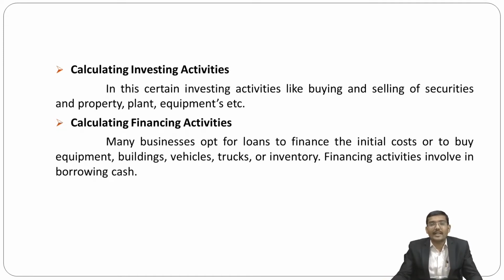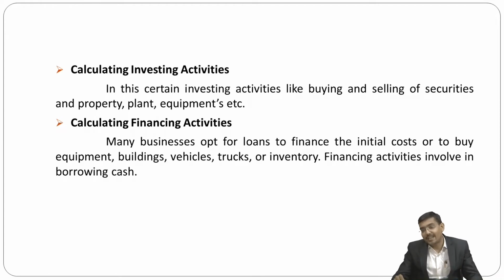Then calculating the financing activities, so that many businesses opt for a loan to finance the initial cost or to buy the equipment, building, vehicle, trucks or inventories. So financing activities are involved in borrowing the cash ultimately.